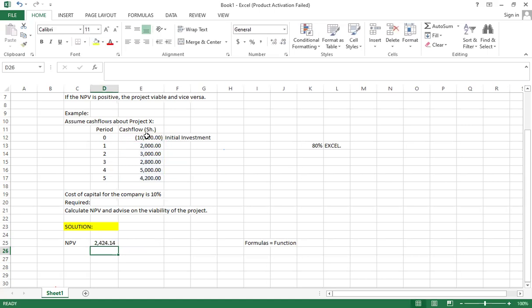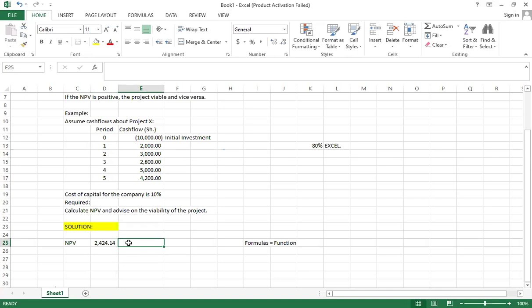When you press enter, our net present value is there: 2424, and then some change. So let's appreciate that very simply. That is how Excel computes a net present value.